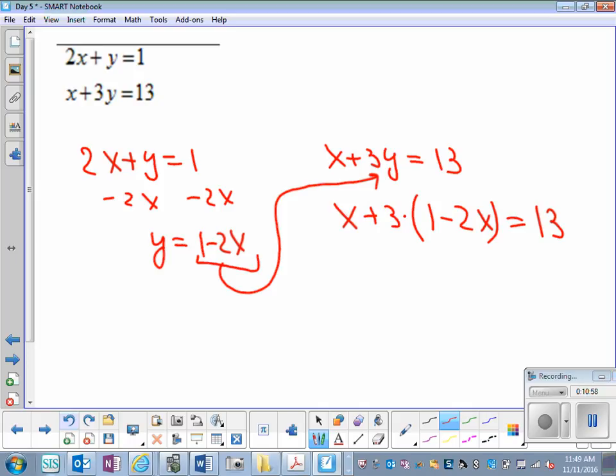Okay, so sorry, Hannah. Okay, so I distribute, right? I first simplify this. I have one equation, one variable, so I distribute. And I write x plus 3 minus 6x equals 13.